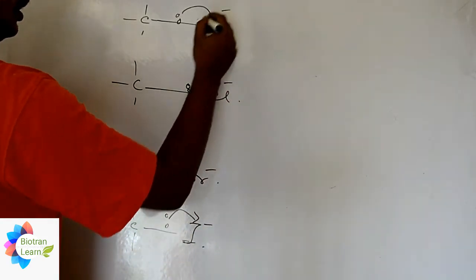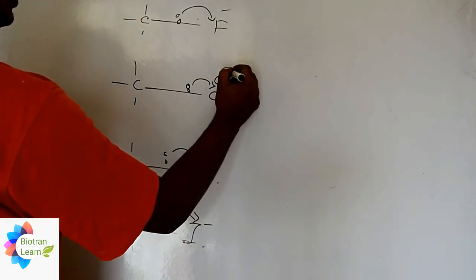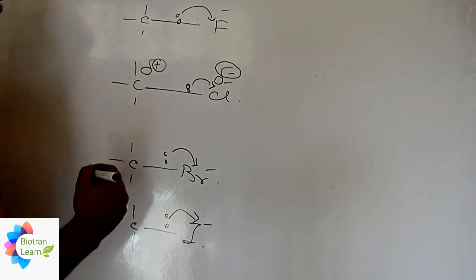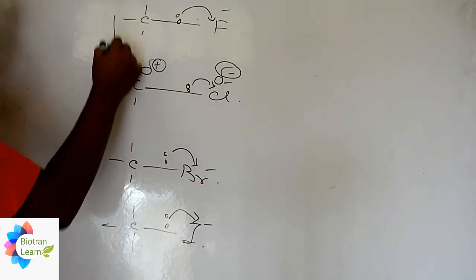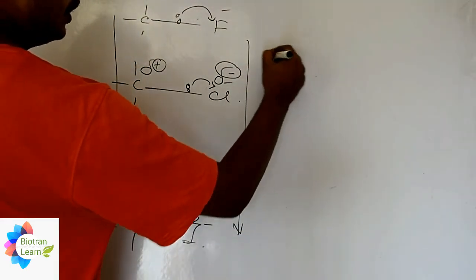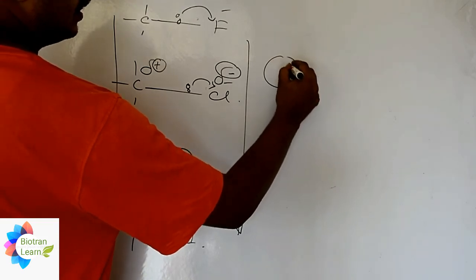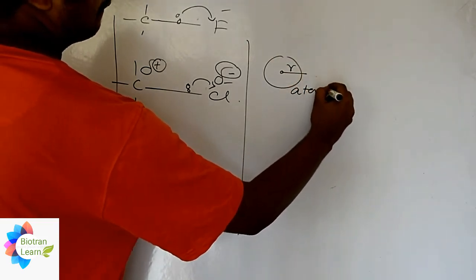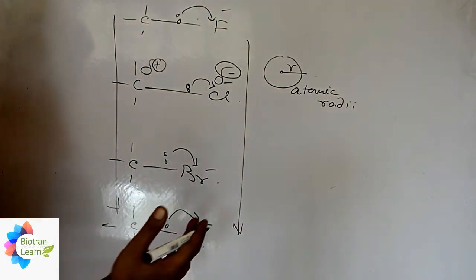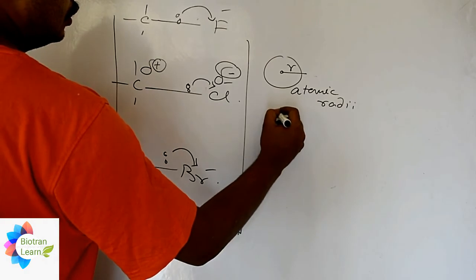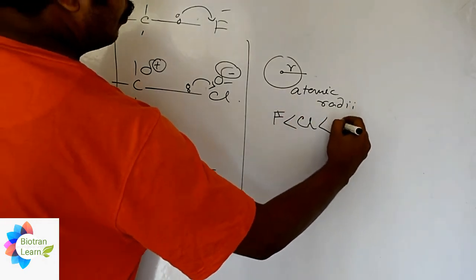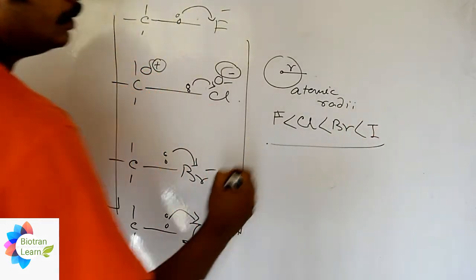So the halogen will be negative by nature and the carbon will be positive by nature. Also, as we move down the group, the atomic radii increase from fluorine to chlorine, bromine, iodine. This will be our series.